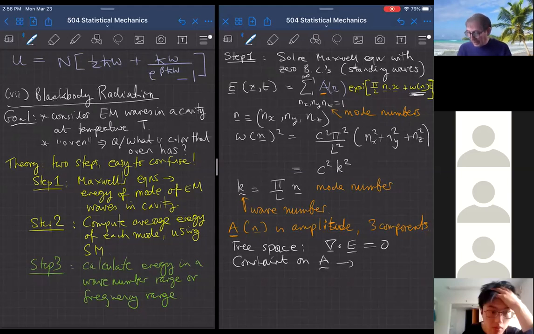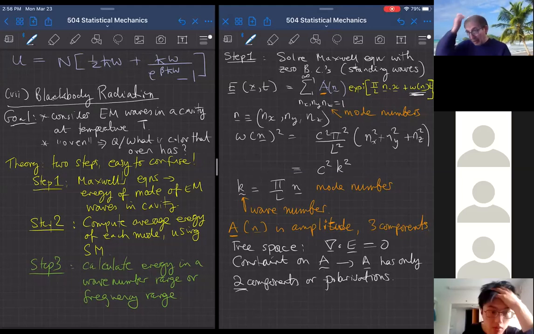What that means is that A actually has only 2 components. And so those correspond to the 2 polarizations of the wave. Okay, so that's step 1.